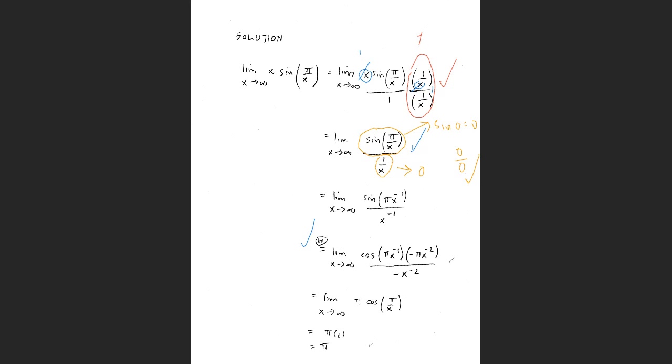In the numerator, this is my f function, and in the denominator, this is my g function. Using L'Hopital's rule, I take the derivative of the numerator, that's f prime, and divide it by the derivative of the denominator, and take the limit of that.